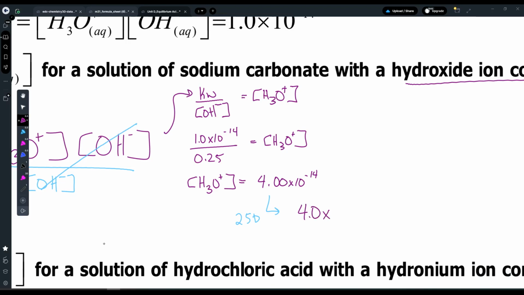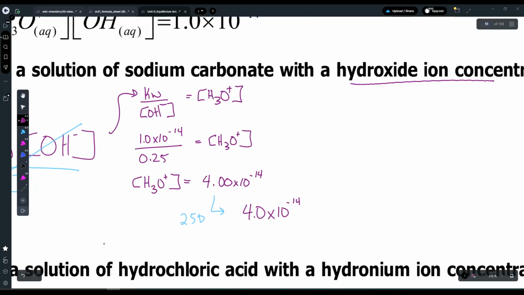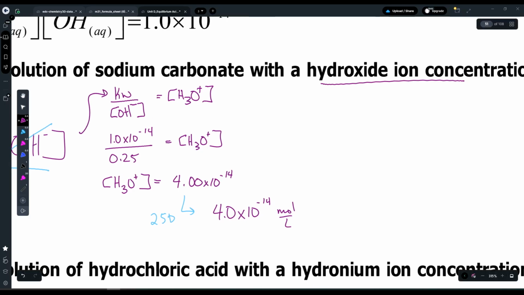So that's going to be 4.0 times 10 to the negative 14. Remember, for scientific notation, the sig digs are only counted here. The times 10 to the power of whatever exponent is not included in what you're counting for sig digs. And I'm going to go moles per liter. And that's my answer.